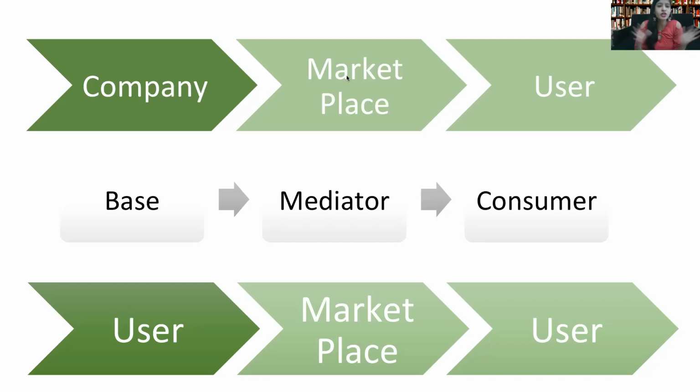So in short, the marketplace is a mediator. Then comes the consumer, the users like us. We use that product, that gadget which has been launched from the company to the marketplace. Whereas when we talk about refurbished, this chain is slightly different.